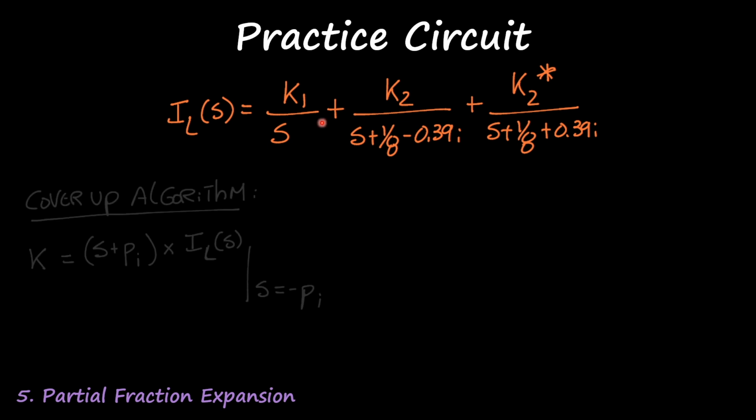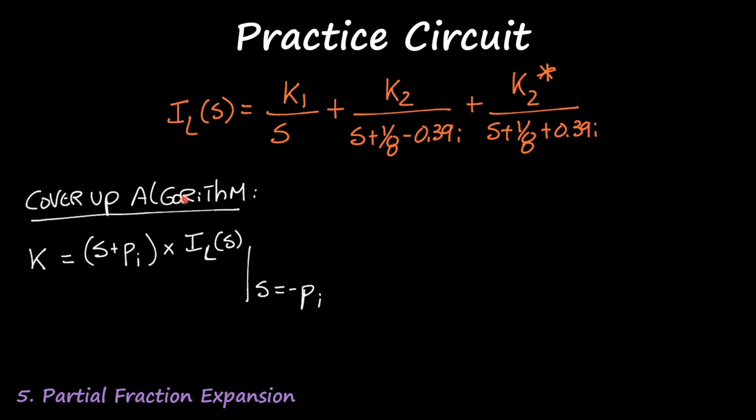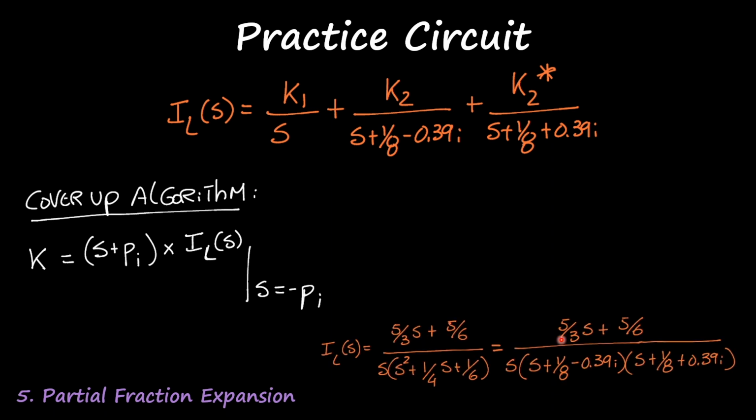All right, to find those k's, we're going to apply that cover-up algorithm that tells you that for your k of interest, you take that respective pole times your equation, and you find the answer for that pole. You substitute the s's by the pole of interest. Here I want to emphasize two things. We have now two equations.